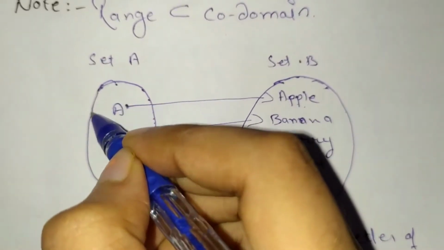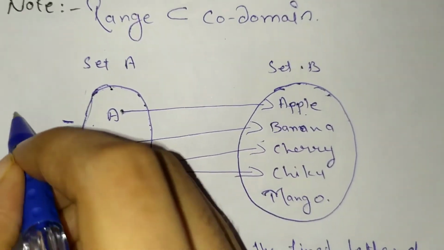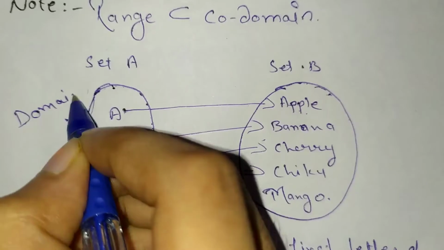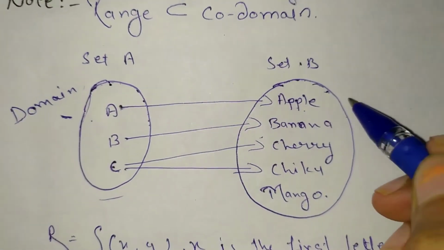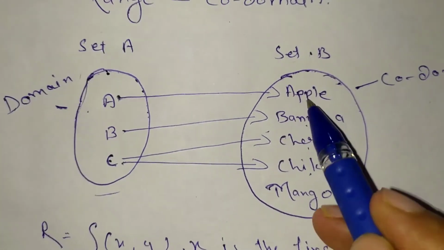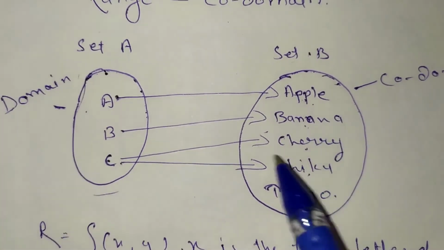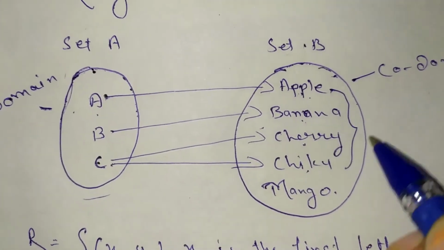Now all elements of set A are called the domain and all elements of set B are called the codomain, where those who are in relation with the members of set A are called the range.